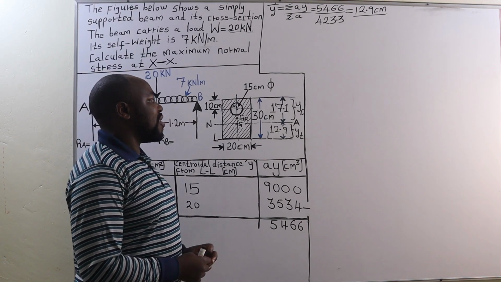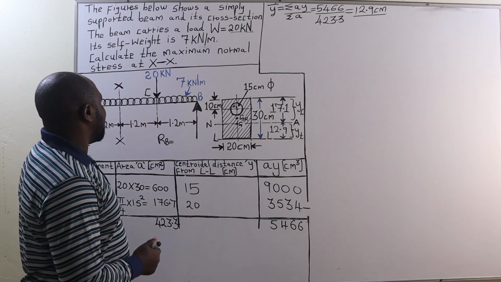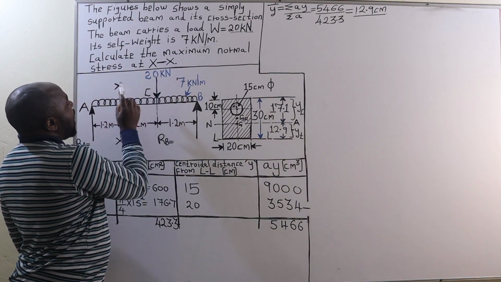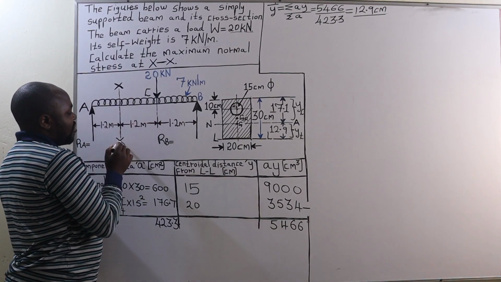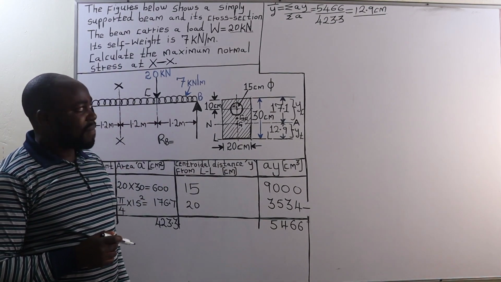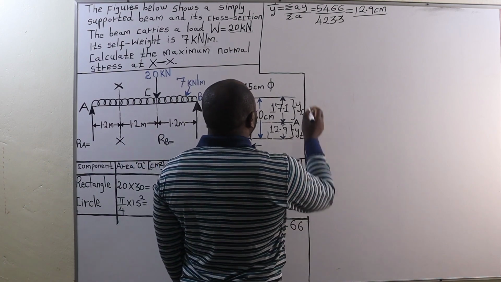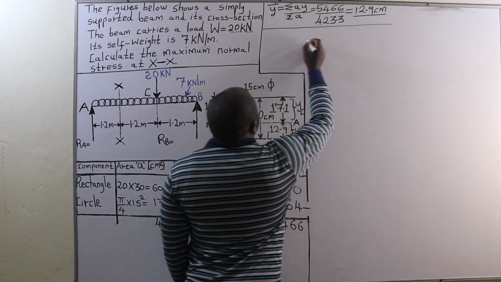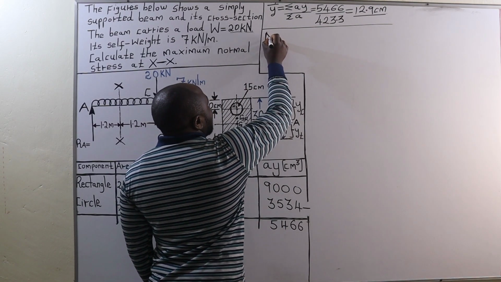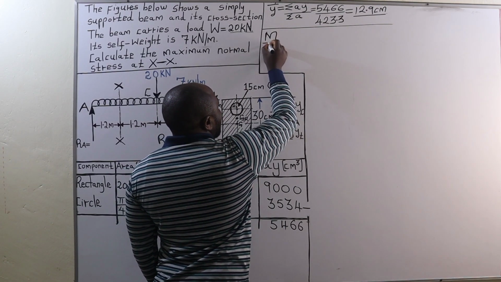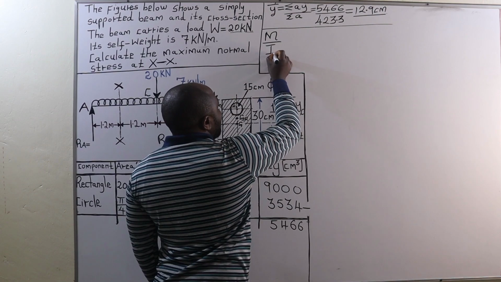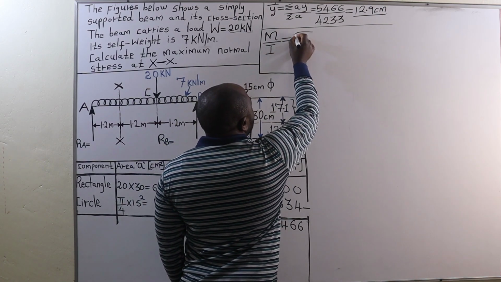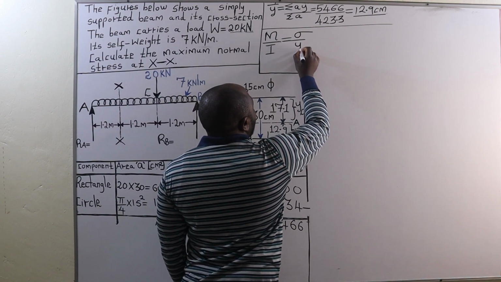going to calculate or to determine is the bending moment at this region XX. The reason being, using the bending equation, we are going to have this relation: the bending moment divided by the moment of inertia is equal to stress all over y.